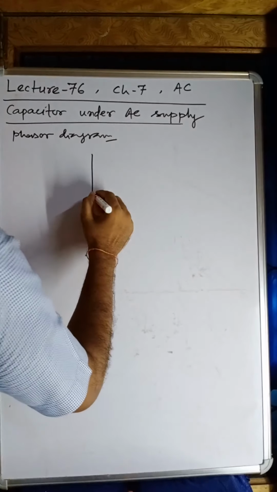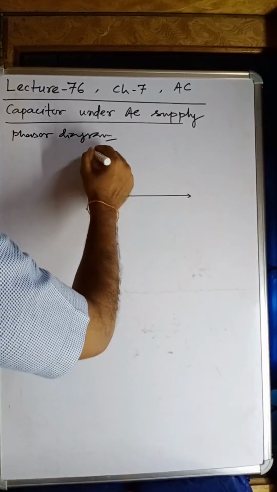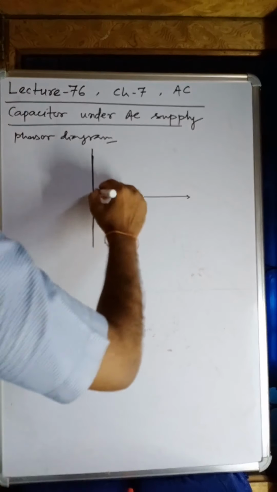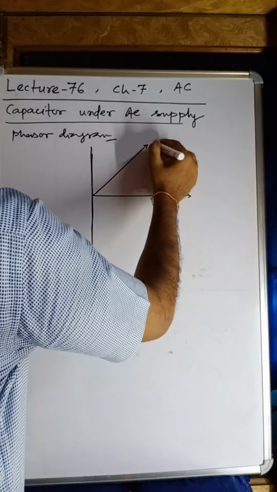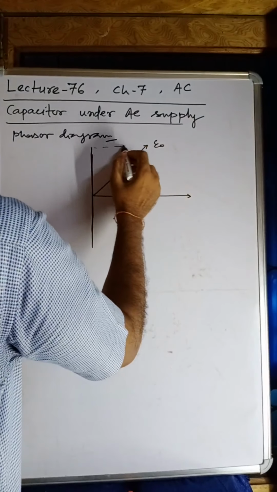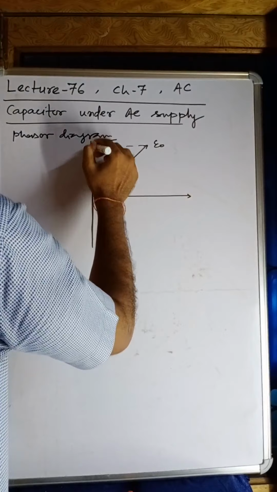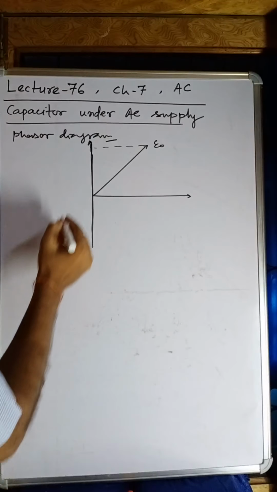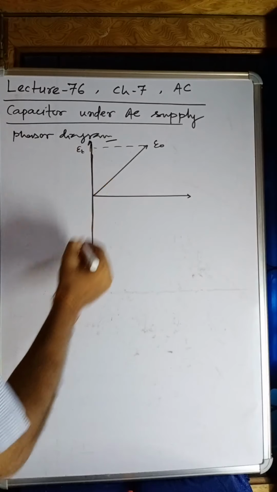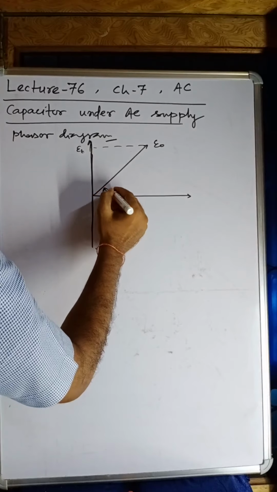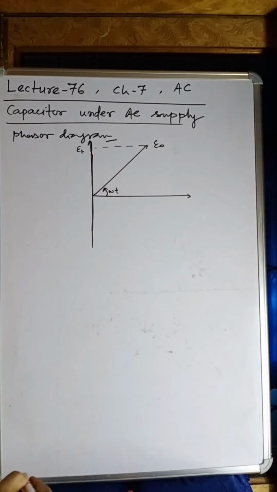So in the phasor diagram, this is the voltage E naught, the peak value, E(t), rotated by omega t.